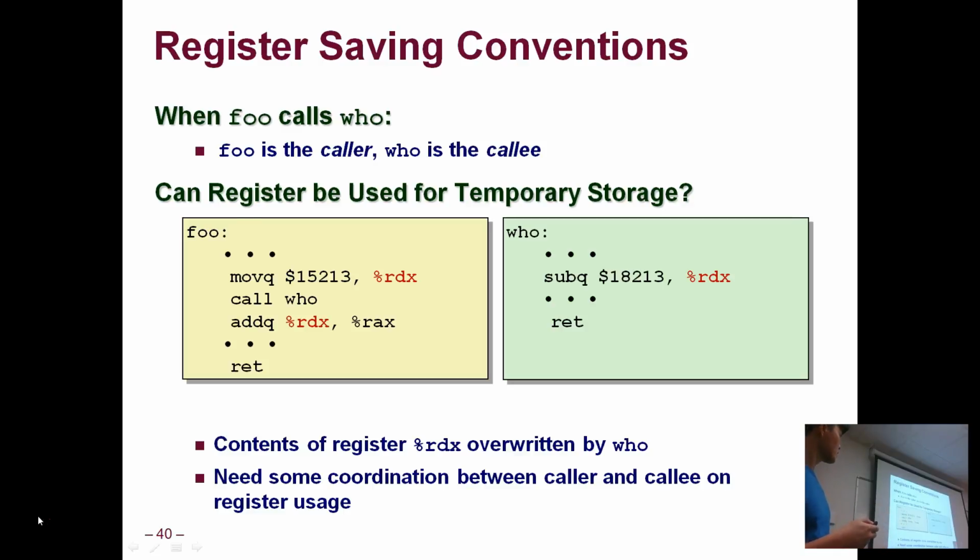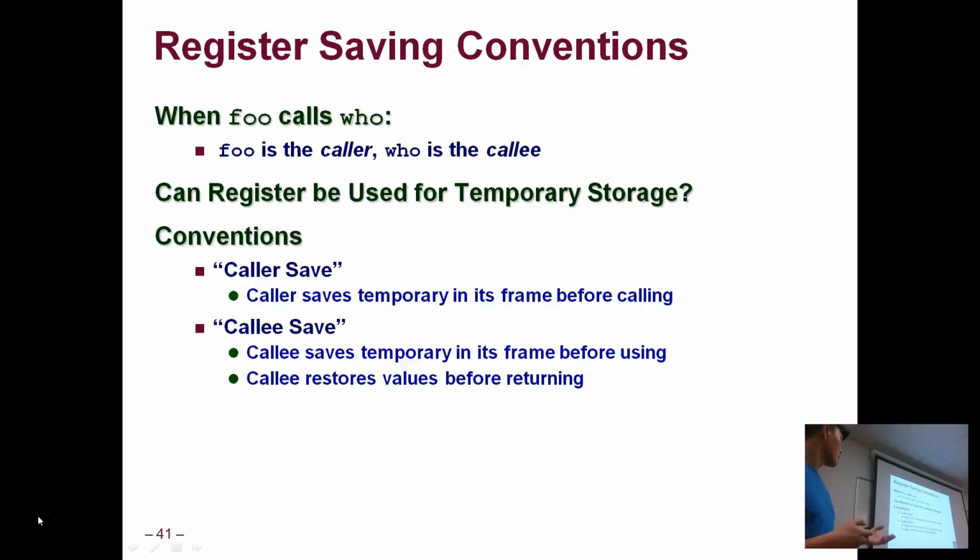It turns out there is a convention established by the compiler, and there are two sets of registers. There are the caller save, that the caller, if it wants to keep the values in those registers, has to save first before calling the callee. And then there's another set where the callee has to save those registers if it wants to use them.